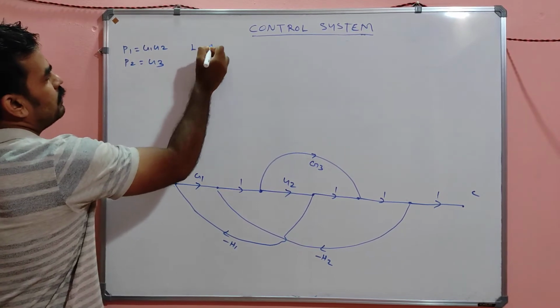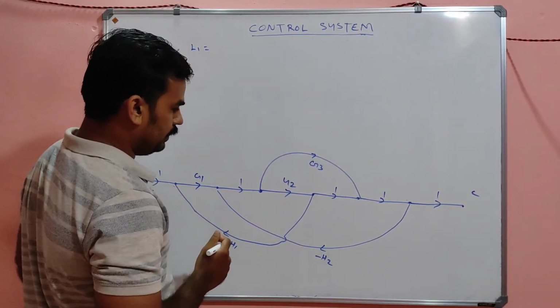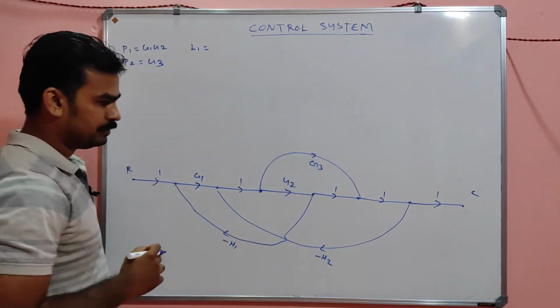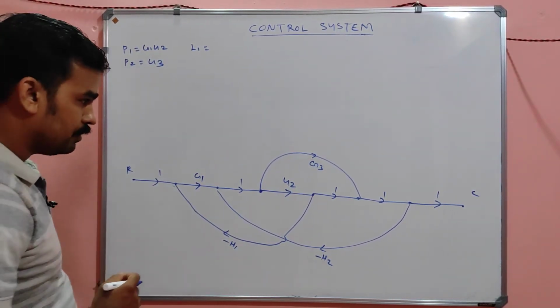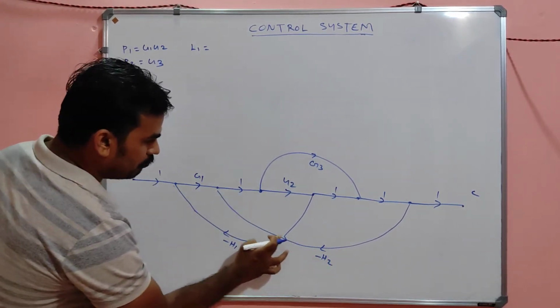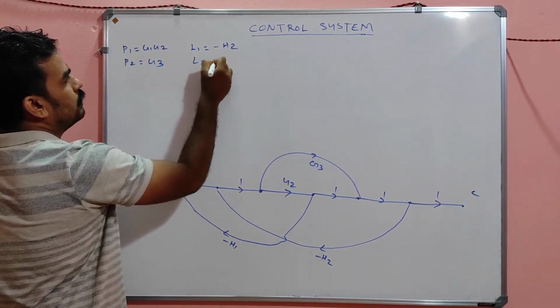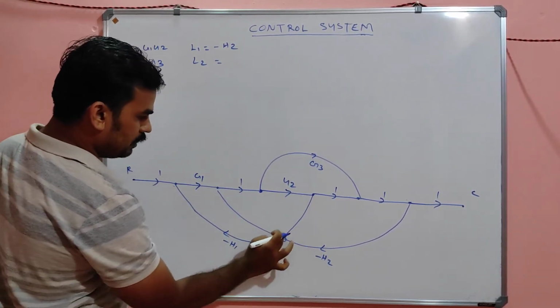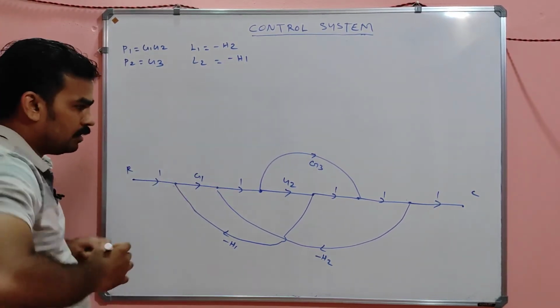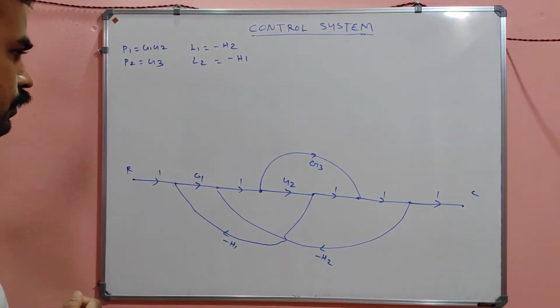So what is L1 here? Loop 1. What is loop 1, my dears? This is not the loop, correct? How many loops are there? Yes, of course, this bigger one will be a loop now. So minus H2, one loop. And what is another loop? This bigger one will be another loop, minus H1, correct? Or is there any other loop, my dear? Yes, I can draw a loop like this.